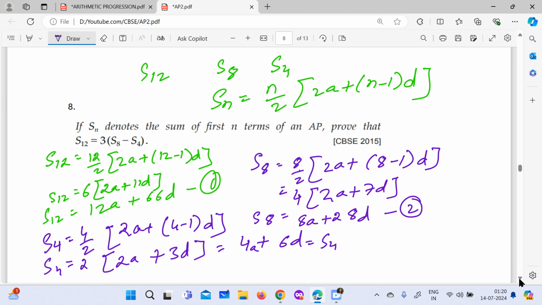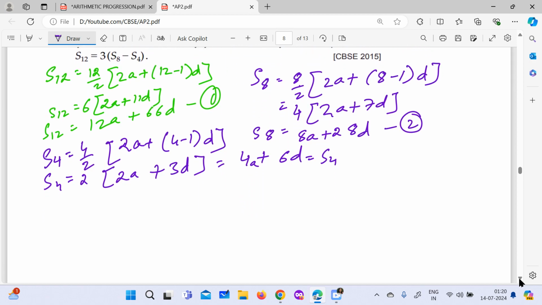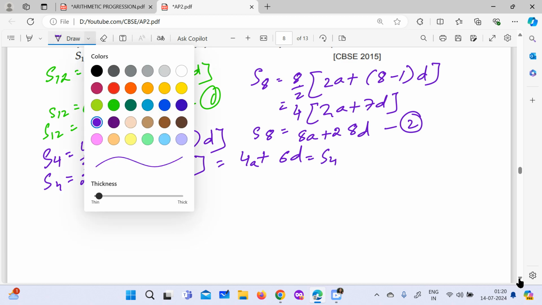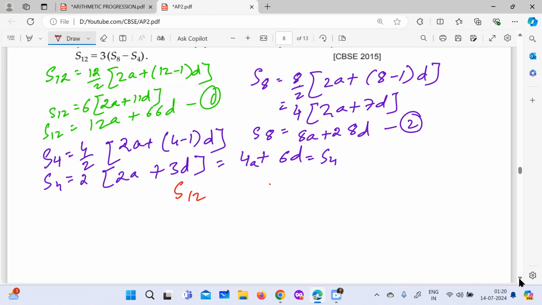Now we will substitute it in the given equation. Your equation given over here is S12 equals 3 times (sum of first 8 terms minus sum of first 4 terms), and then we will substitute all the values. So here you have 12a plus 66d. Now this has to be equal to the other side; both sides should be the same.